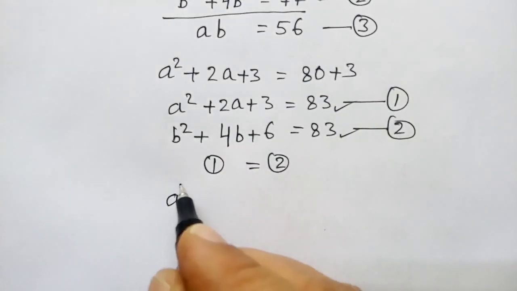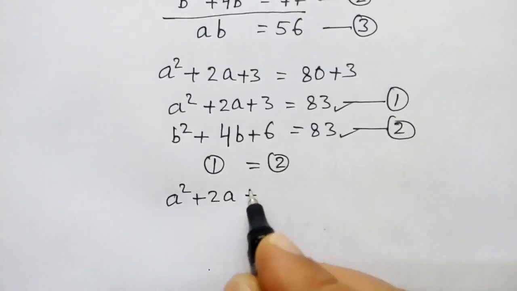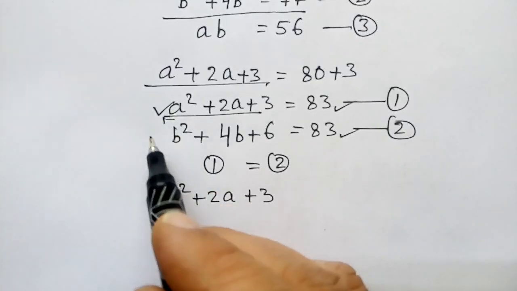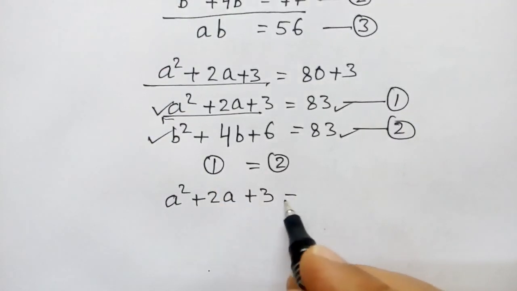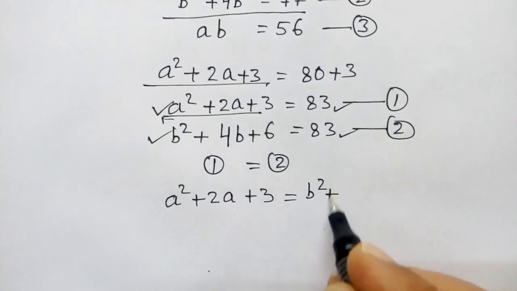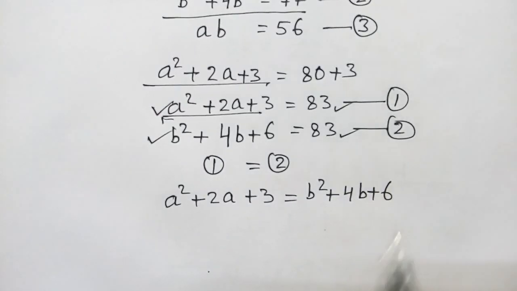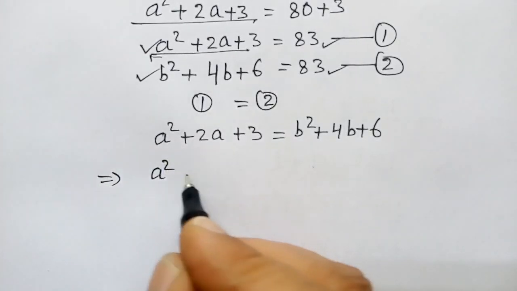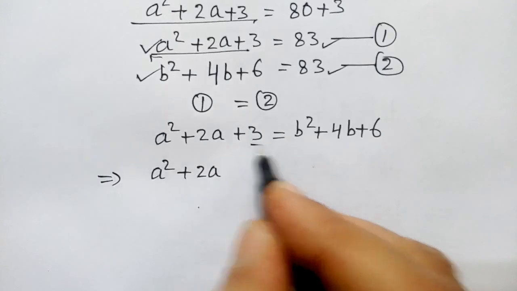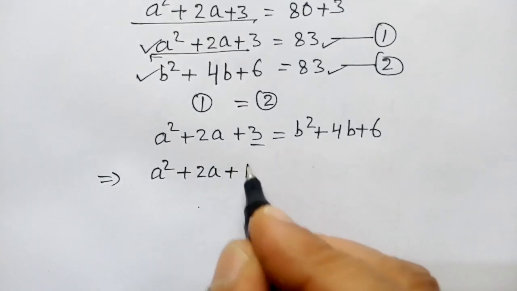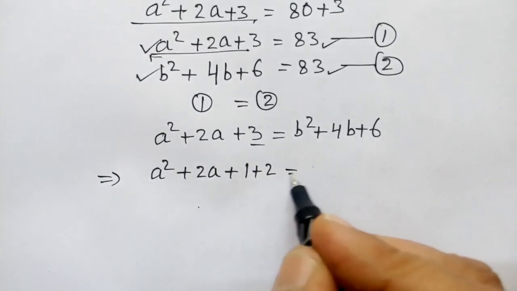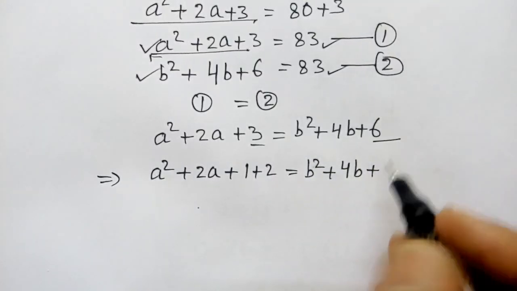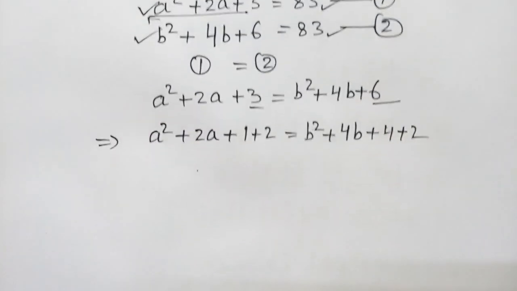So a square plus 2a plus 3 will be equal to b square plus 4b plus 6, right? a square plus 2a plus 3, if we break 3 as 1 plus 2, is equal to b square plus 4b plus 6, as 4 plus 2, right?